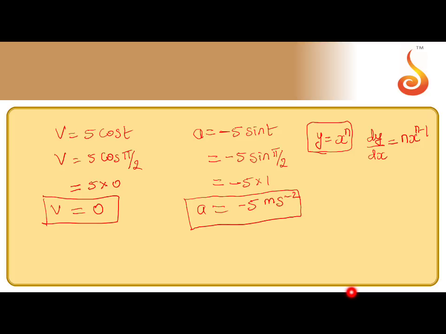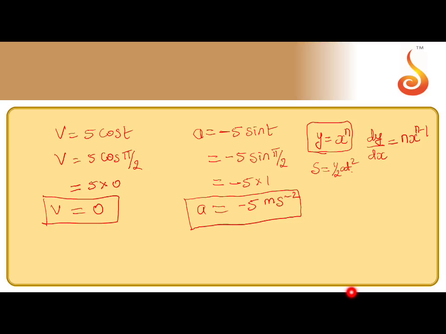Instead of dy by dx, use those terms. Like for example, in displacement, we have s equal to half a t square. Here, instead of x, t is there, instead of y, s is there. Instead of dy by dx, I will write ds by dt.